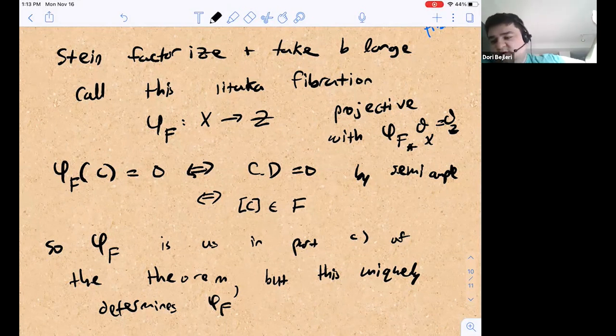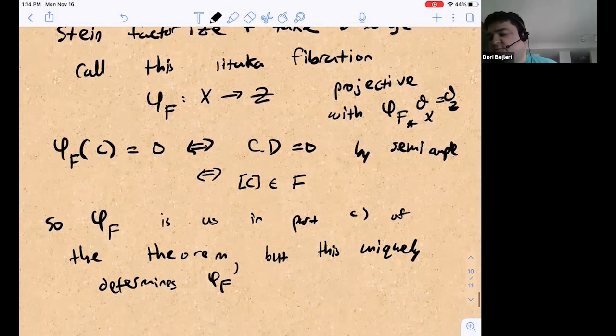That just tells you that phi topologically is just the quotient by the equivalence relation that any two points that lie on a curve inside of the space are identified. But then the condition from the Stein factorization that the push forward of OX is OZ determines Z as a scheme. Because once I have the topological space, I just endow it with the structure sheaf, the push forward of OX. And so that uniquely determines phi as a morphism from these two conditions.